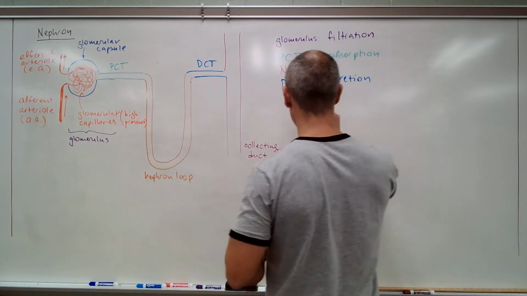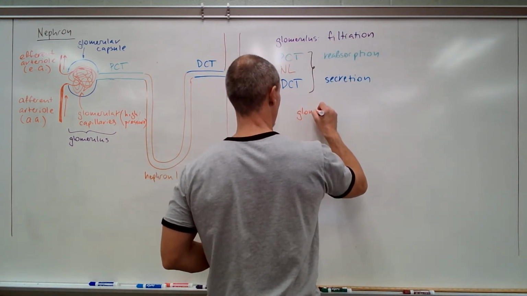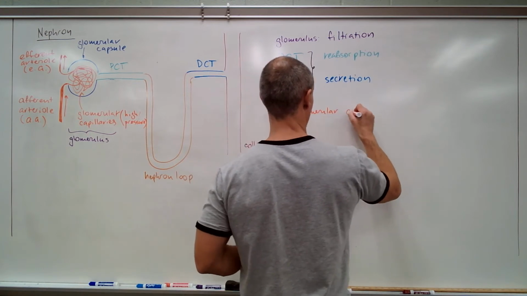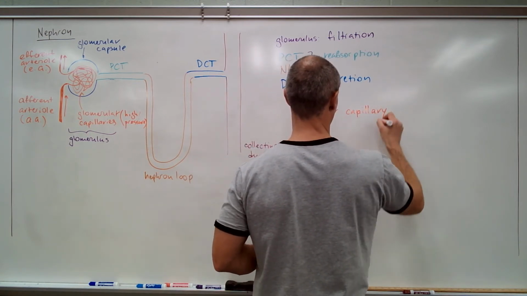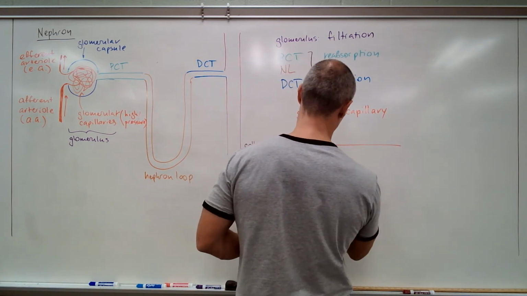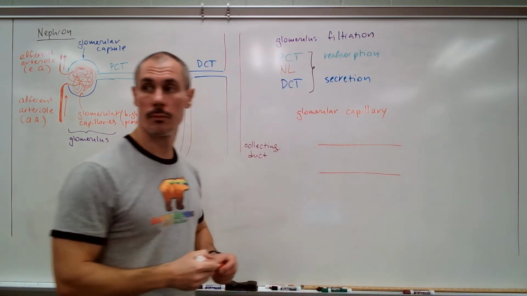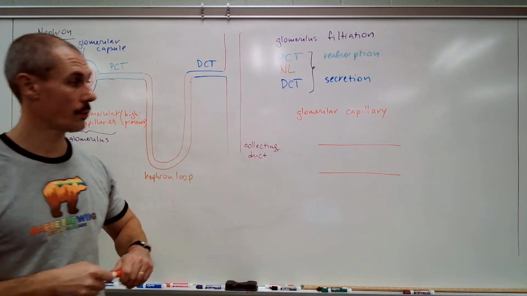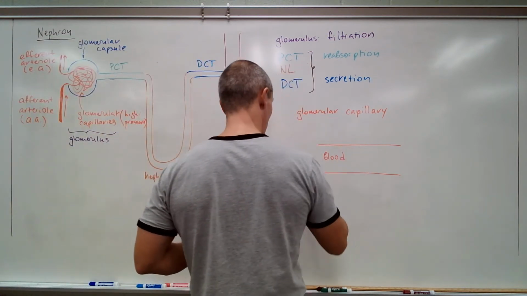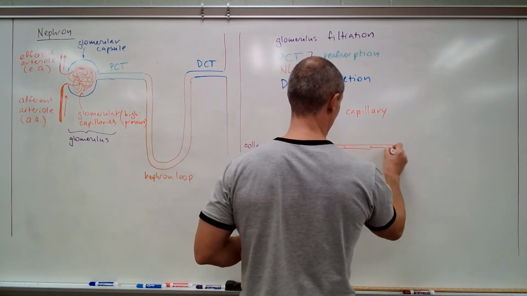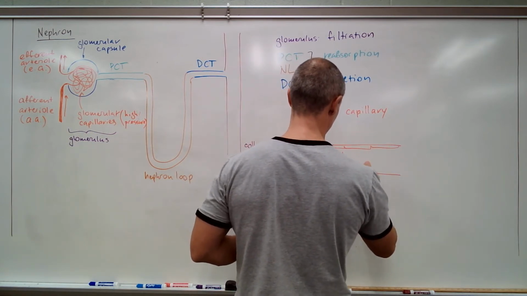So glomerular capillaries, it's a pipe, right? Look at this pipe. In the pipe there's blood, and there's obviously simple squamous epithelium here.